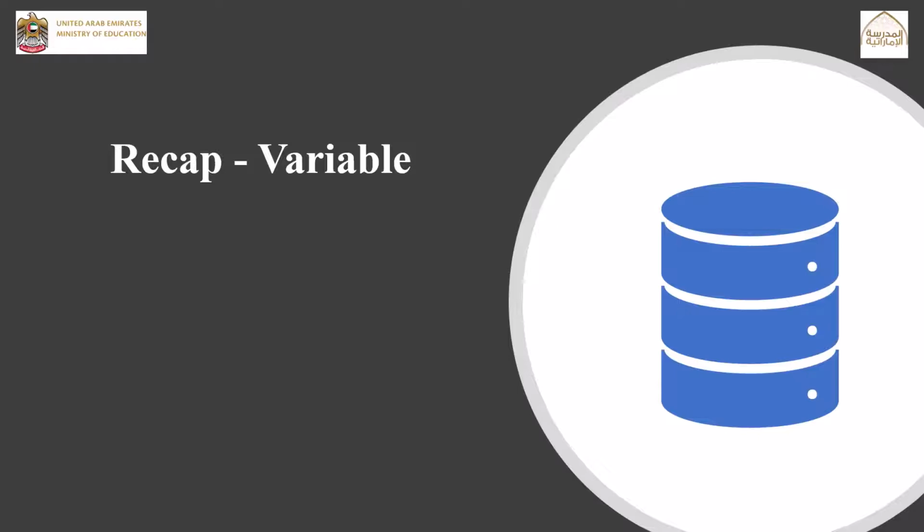Before we begin the lesson, let us have a short recap about something that you learned in grade 9. Variable. A variable is a memory location with a name. The word itself is derived from two different words, vary and able, and it means something that can vary or change.